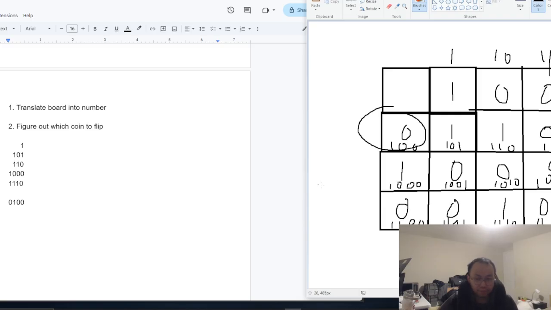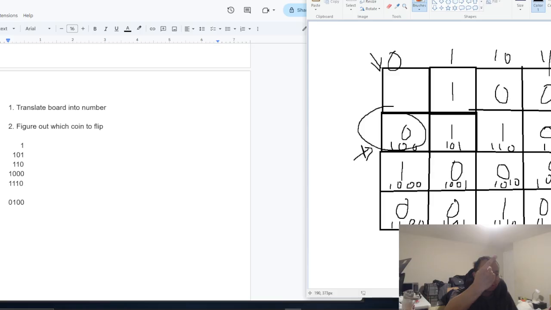Now, if the warden gives us a number that is 5, we will flip the first coin. Or let's say he gives us the number 1, which is 0 in binary, because that's what this first square represents, we're going to flip the 5th coin, which, by the way, is always going to be the case.